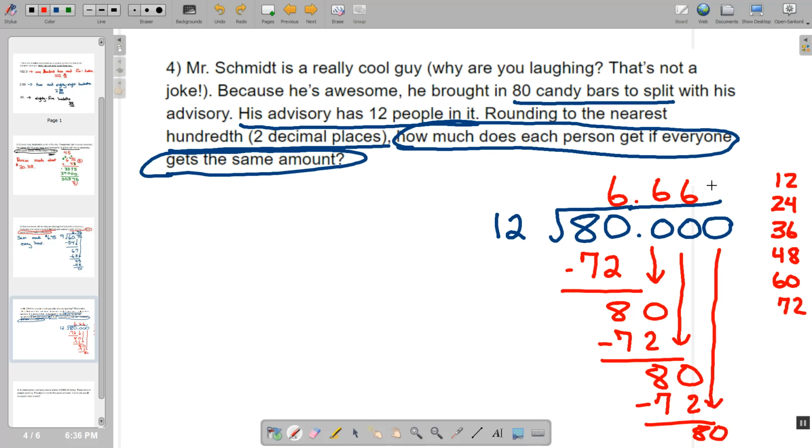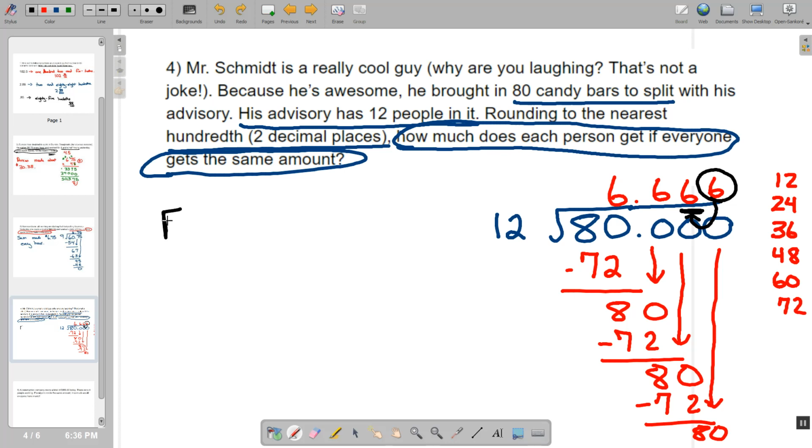So we got to make sure we round correctly. So we needed to round to the hundredths place, which is the second decimal. So I look at the decimal place after, which is 6. That makes us closer to 67 hundredths than 66 hundredths, so we're going to round up.